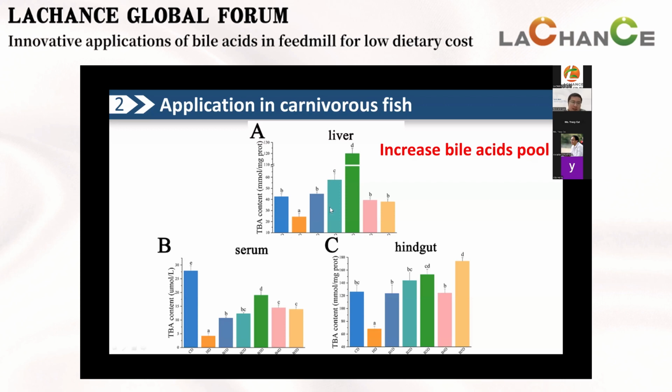We can see that in the high-fat diet the bile acids decreased, and with the supplementation of bile acids, the bile acids in the liver, the cerebrum, and the intestine all increased. So the supplementation of bile acids increased the bile acid pool in the grouper.